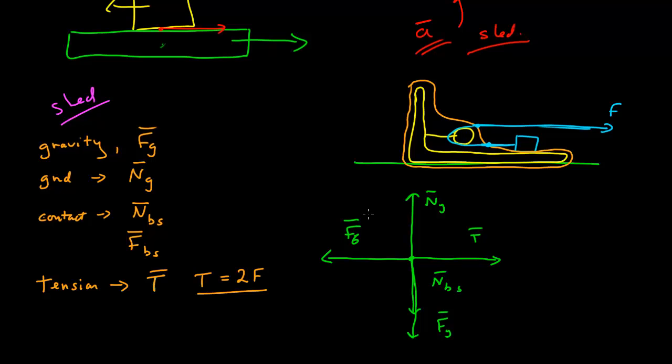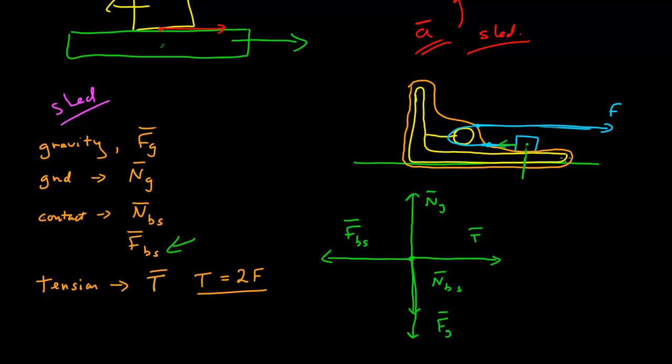Well, are we sure it's in that direction? So this is now the force due to friction of the block on the sled. And so if there were no friction, well, okay, I'm sorry, it's still kinetic friction, so it's sliding. And so the block is at rest relative to the ground.